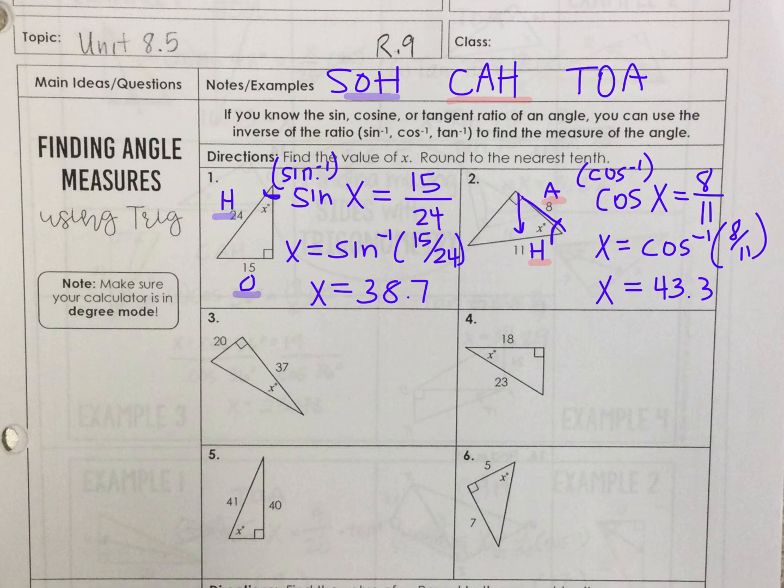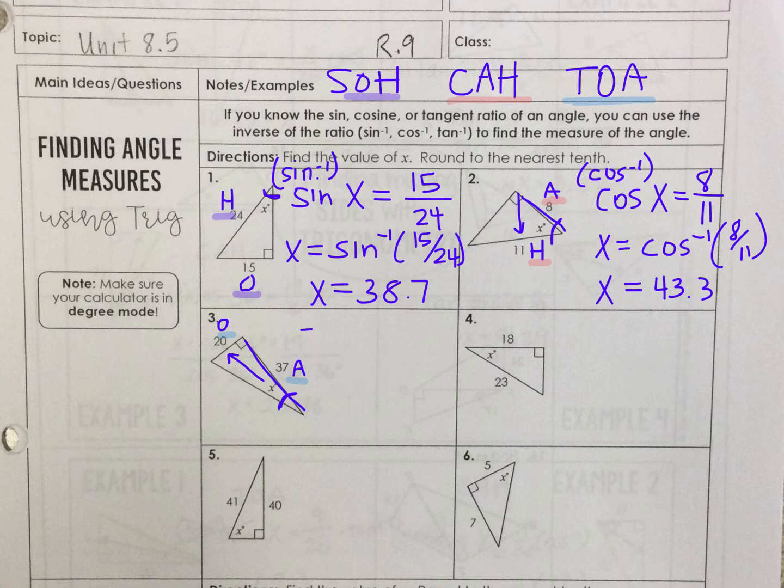Let's look at number 3. Here's the angle. That 20 is opposite, so that's an O. The 37 is adjacent, because I know that this one right here is the hypotenuse. So I have an O and an A. When I have an O and an A, I'm dealing with TOA.